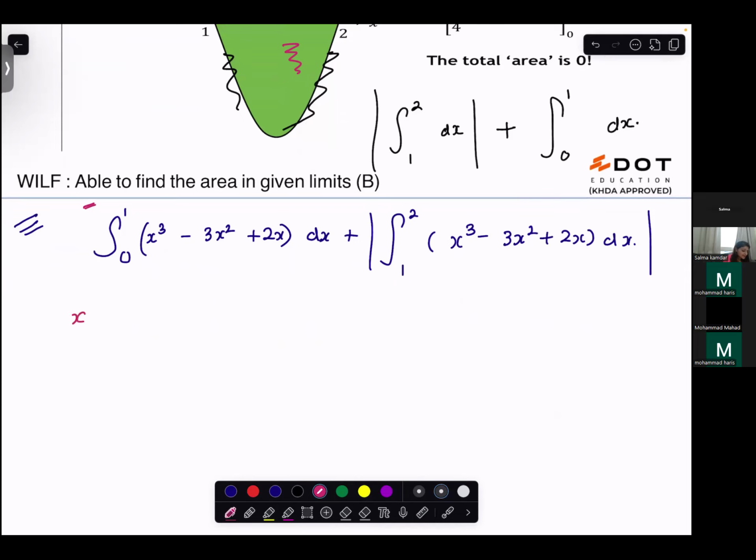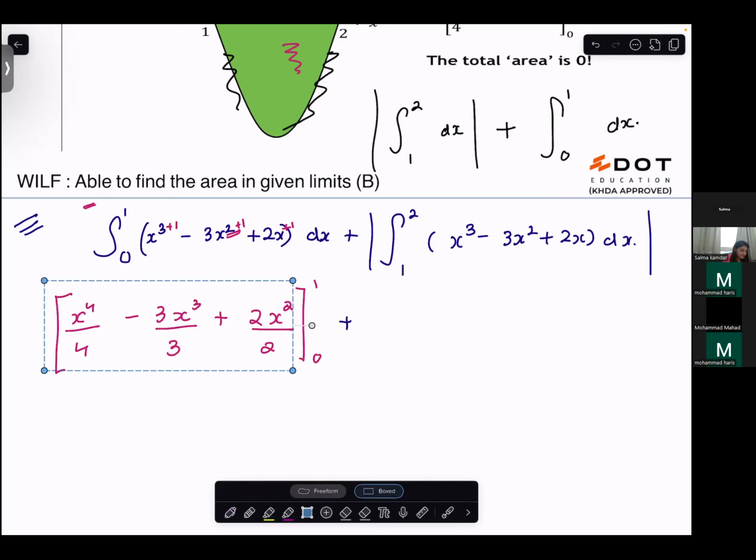It is going to be x to the power 4 divided by 4, minus 3x to the power 3 divided by the new power, plus 2x to the power 2 divided by the new power. This is my first bracket between 1 and 0. I hope you're with me.